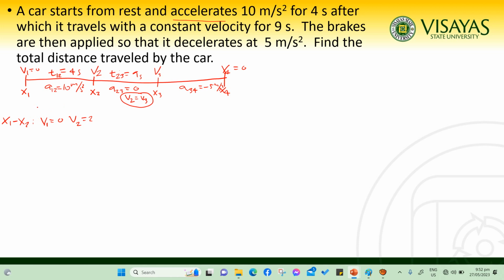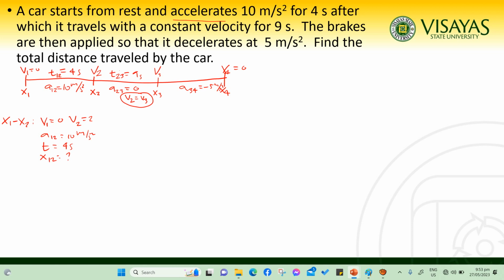Then we also have the acceleration a12, that is 10 meters per second squared, then the time equal to 4 seconds, and we're going to look for the displacement x from 1 to 2.